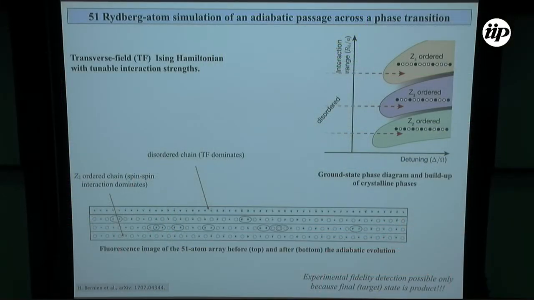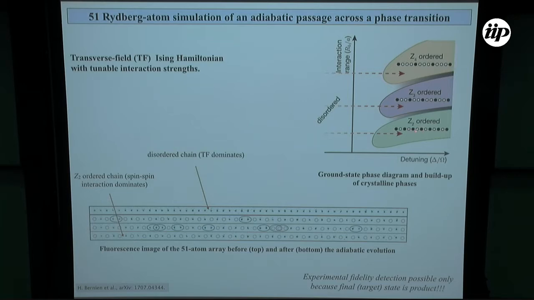These are Rydberg atoms trapped in an optical lattice. Initially you start with all the spins aligned with the field, and then you make the interaction increase, which is controlled by some detuning parameter because of the optical lasers that you use, and then you go to an ordered phase, a crystalline phase.